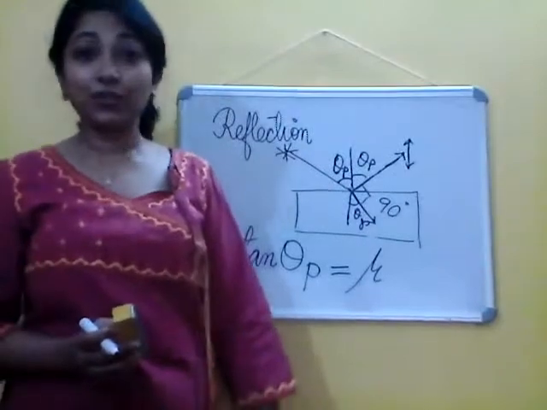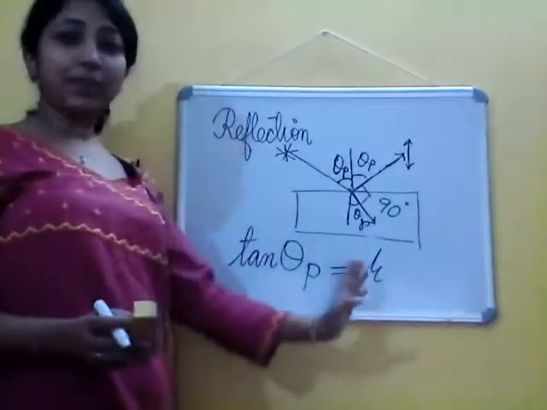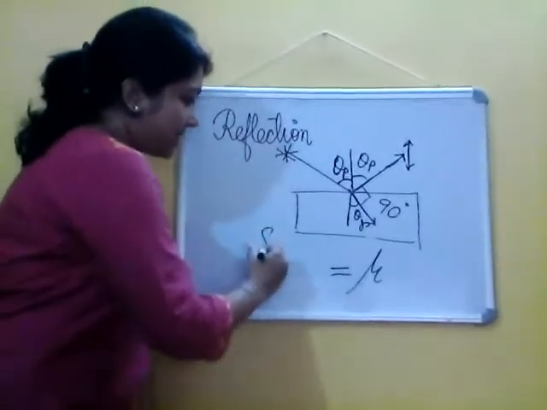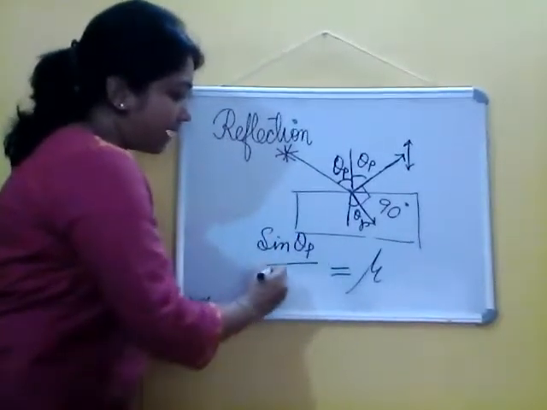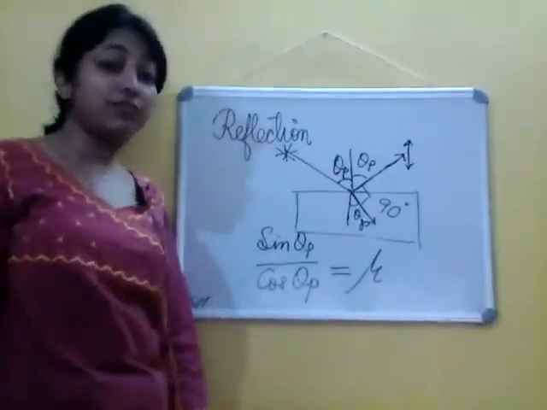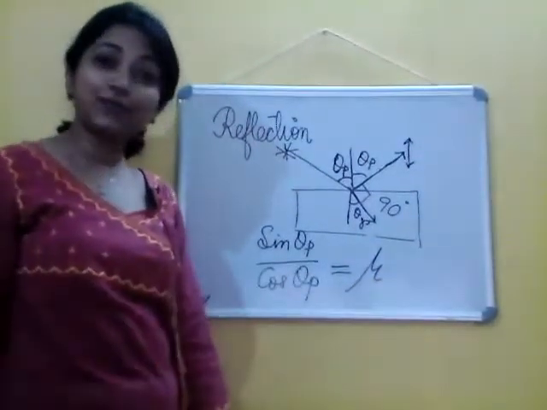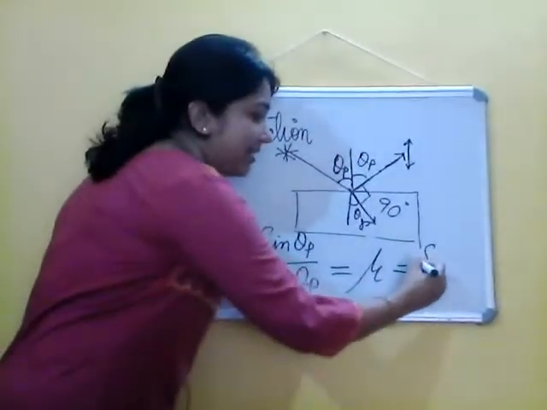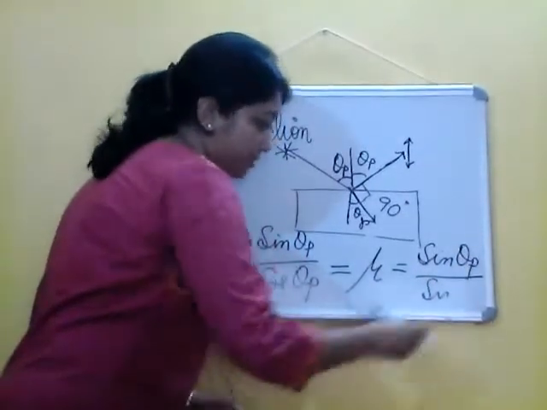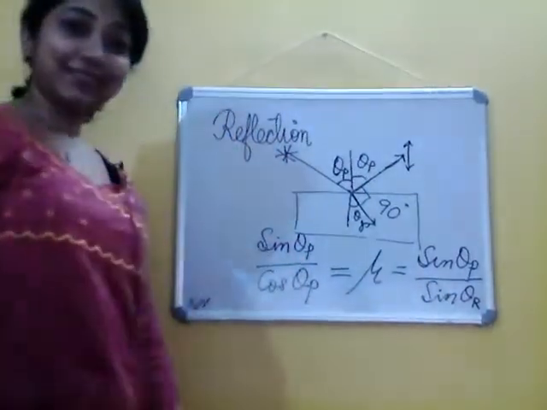Alright, so now let us do this small derivation. We will begin here. Tan theta p is equal to mu. Now can I not write tan as sin theta p by cos theta p? You all will agree with me. However, now if I ask you to remember Snell's law, it tells us that the refractive index of the medium is nothing but the sine of angle of incidence by the sine of angle of refraction, right?